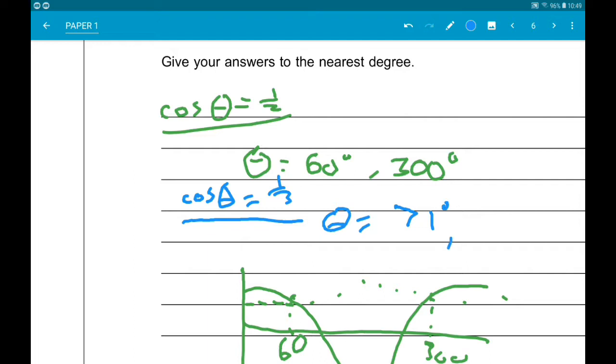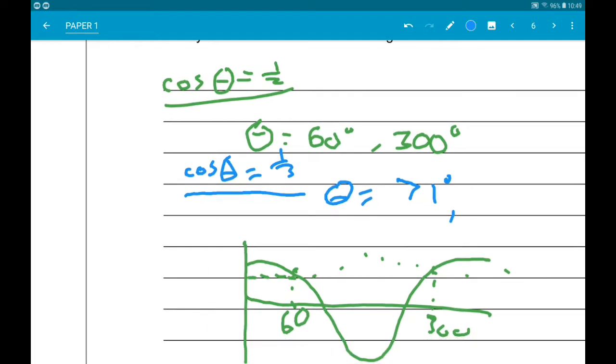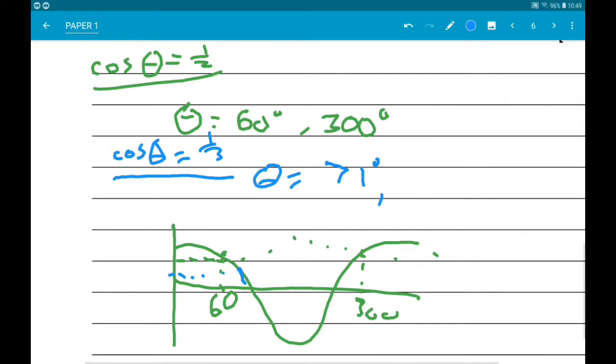Now again, that gives us the value over on the left, so we also need to get the one over there, which is going to be 360 minus 71, so that's going to be 289 degrees.